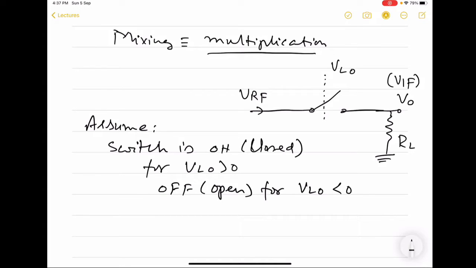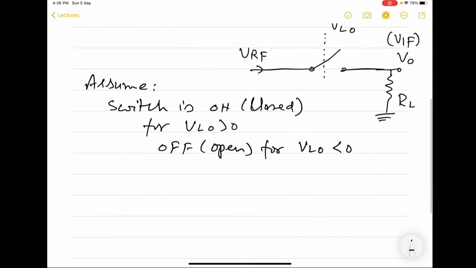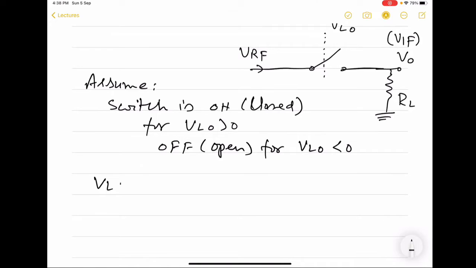So the switch is ideal. It suddenly switches from close to open state as LO changes from one sign to another sign. Now VLO we have been taking in this form, and VRF as this one.